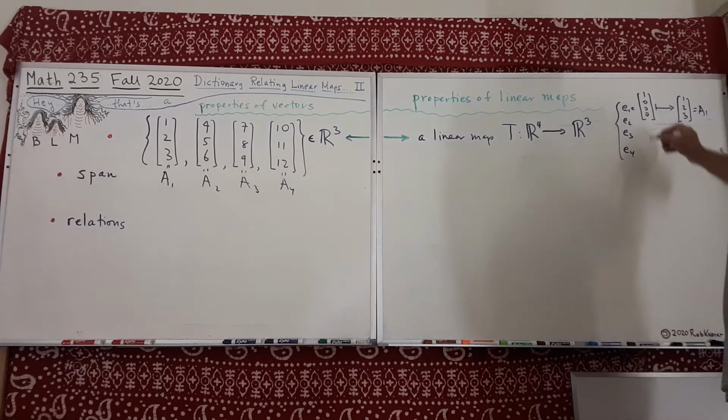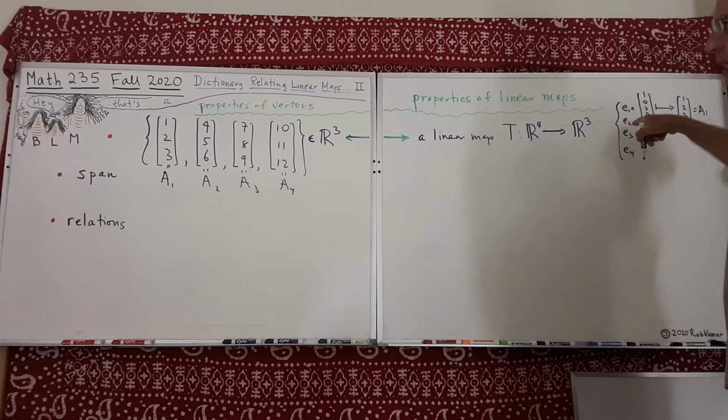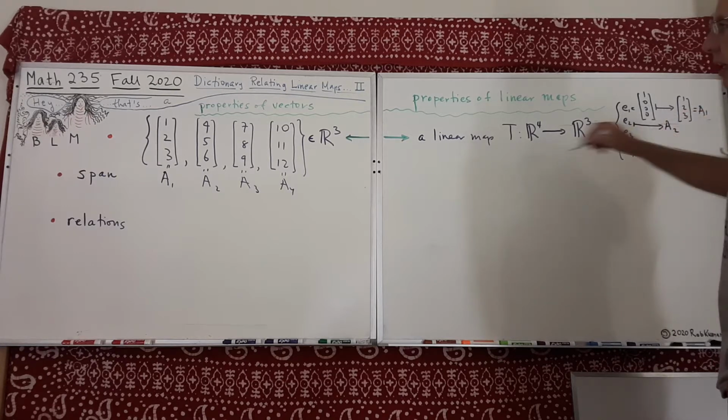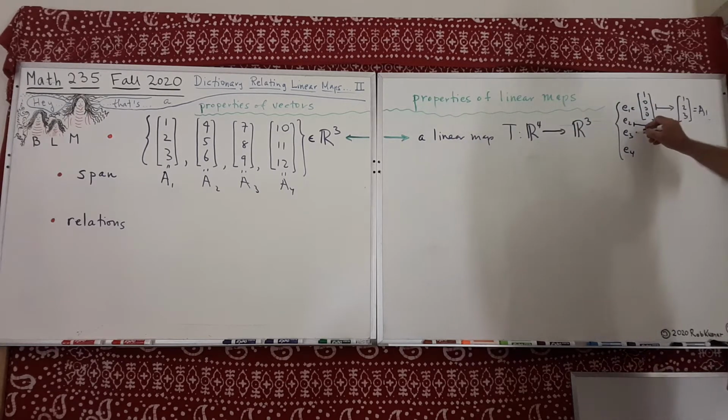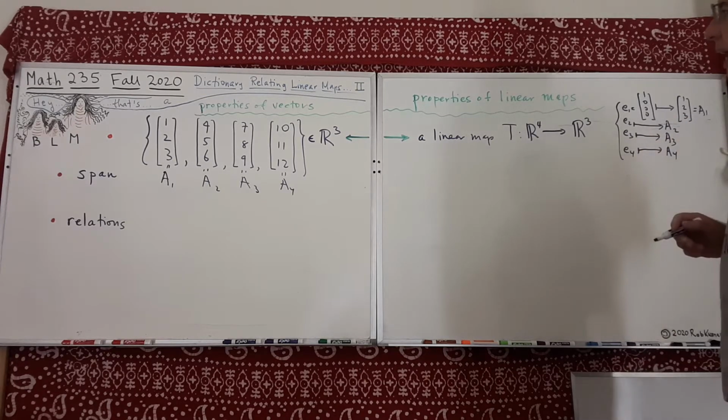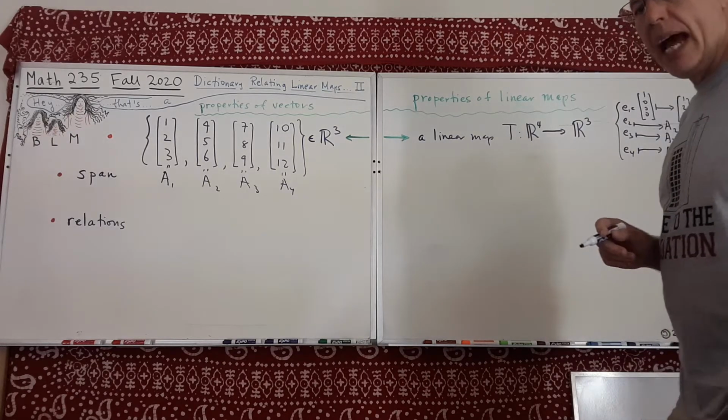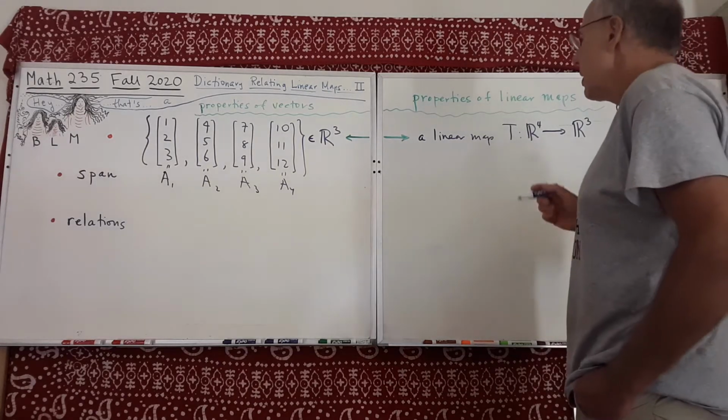Similarly, the second standard vector in R4, E2, maps to A2, the second vector in the list, and so forth. E3 will go to A3, and E4 goes to A4. That completely and uniquely specifies the linear map.